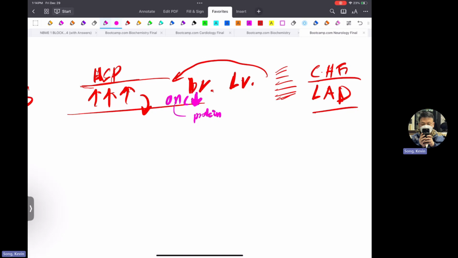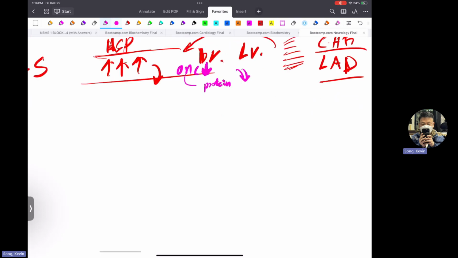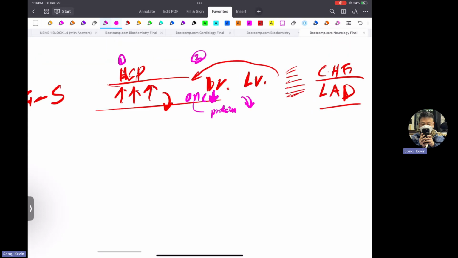Less attractive inside the blood vessel means pushing out, right? So that will cause the edema, right? So that's the first cause and then the second cause, right? Both one and two occur due to a problem inside the blood vessel, right?